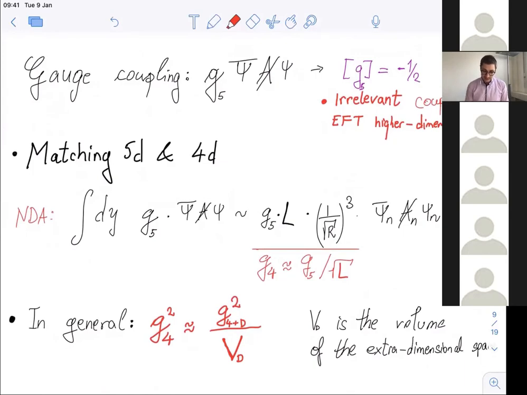So, what about the gauge coupling? Remember that this is a term in the Lagrangian. The Lagrangian has dimension 5, and therefore we can simply sum up the dimensions, and we will figure out that the dimension of the gauge coupling is -1/2. Remember, in 4D, the gauge coupling was dimensionless. In 5D, the gauge coupling has a dimension of -1/2.